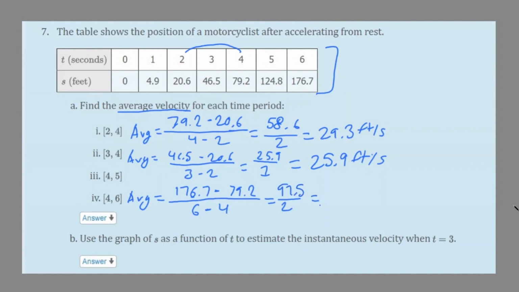If we simplify it further, we would get a velocity of 48.75 feet per second. So these are the three answers for the first, second, and the fourth one.